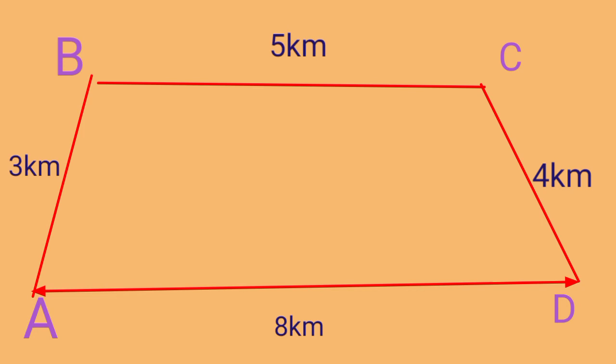So the displacement is the minimum distance traversed by a body in one direction from starting point to the final point, that we call the displacement. So displacement has magnitude, meaning we can measure it: 8 kilometers, 10 kilometers, 100 kilometers, 1 meter, 2 meters, whatever it may be.